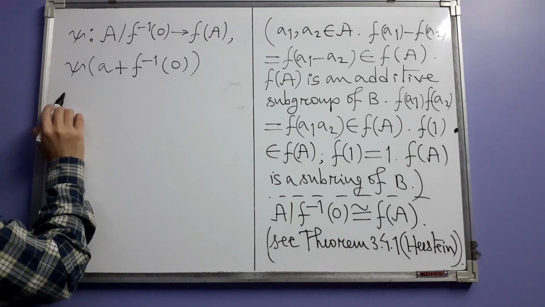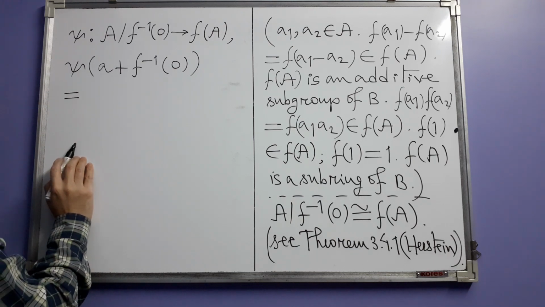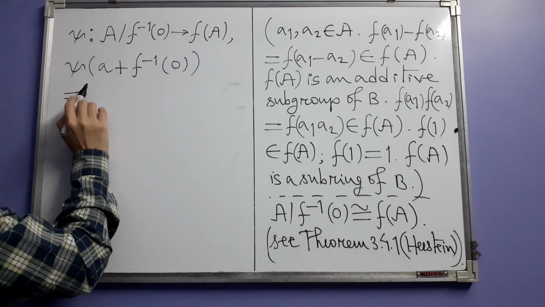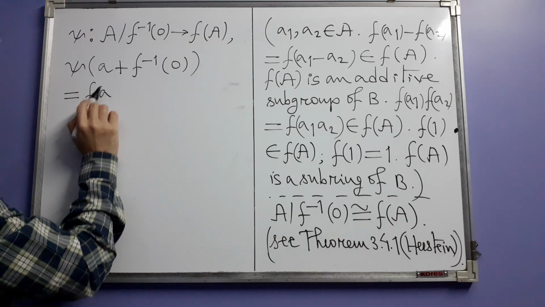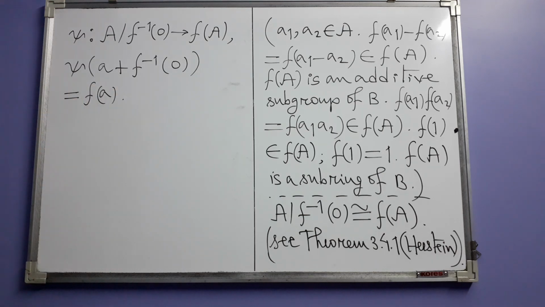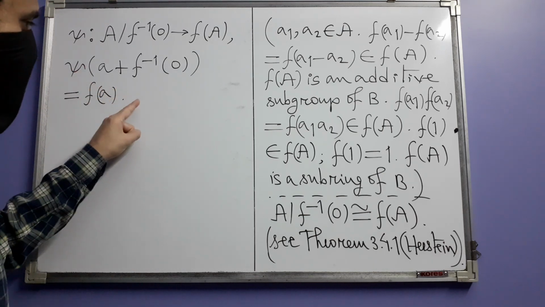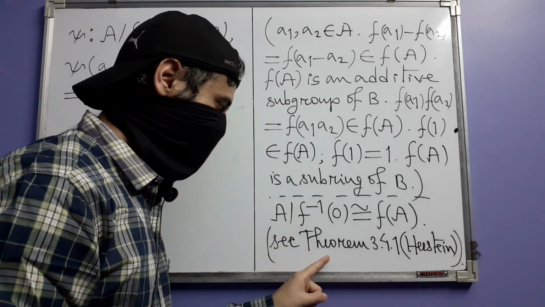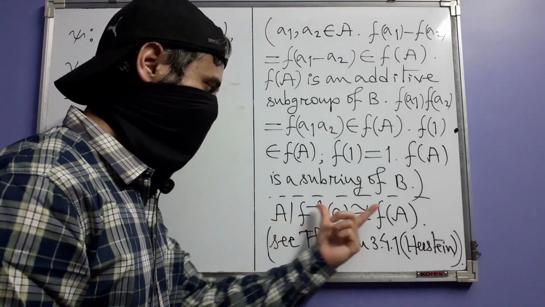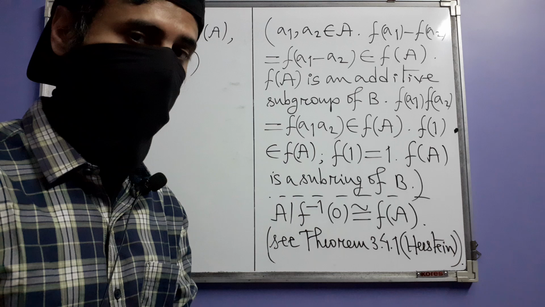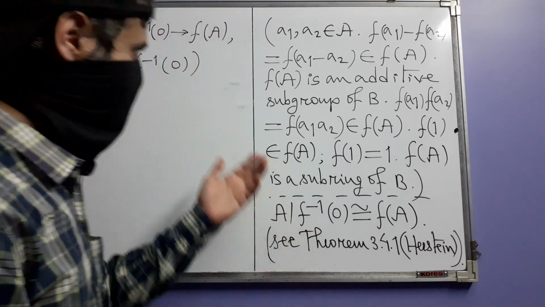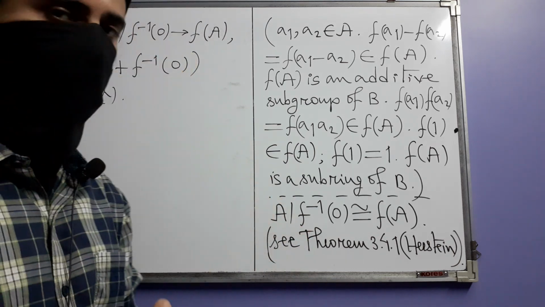And the definition of psi tells us that this is the F image of that A. This was the mapping that helped us prove that these two rings are isomorphic, and in fact this is the isomorphism.